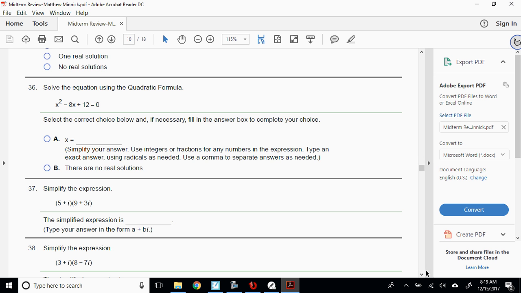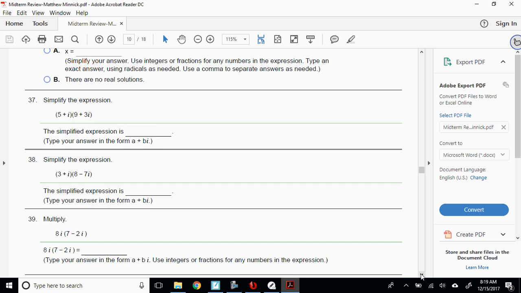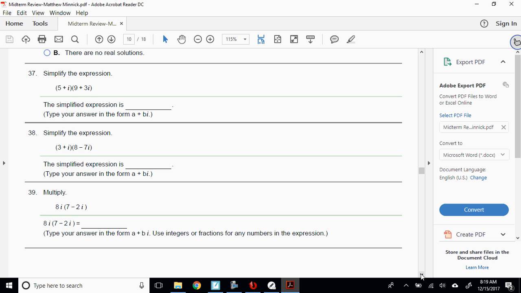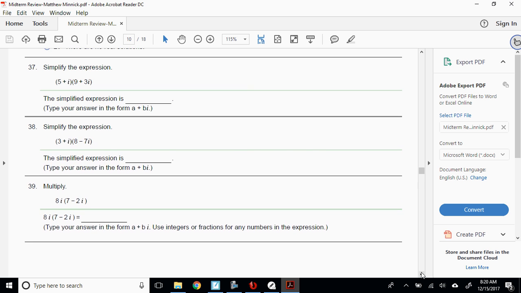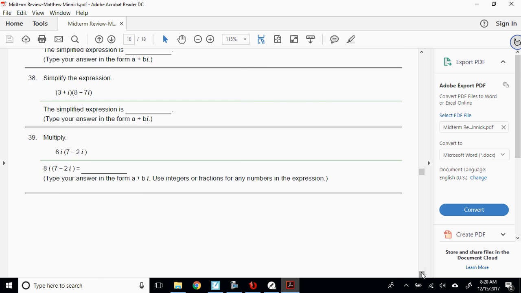37, you can punch that into the calculator, or you got to substitute back in that i squared is negative 1. 37, you get 42 plus 24i. 38 is 31 minus 13i. 39 is 16 plus 56i.